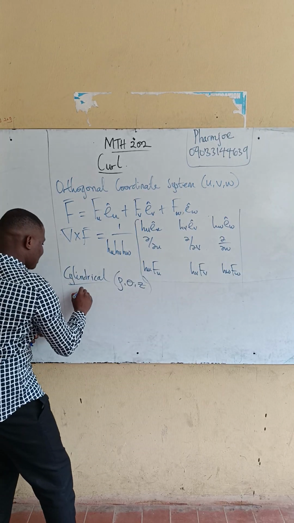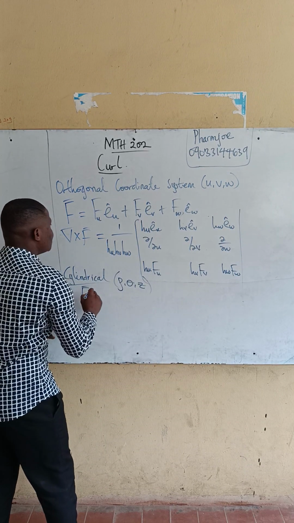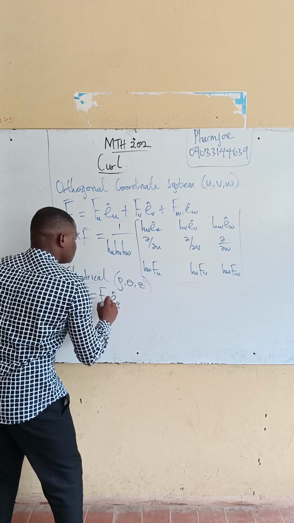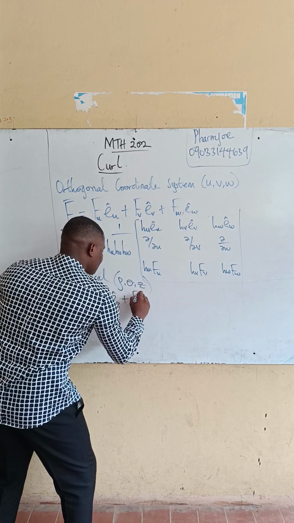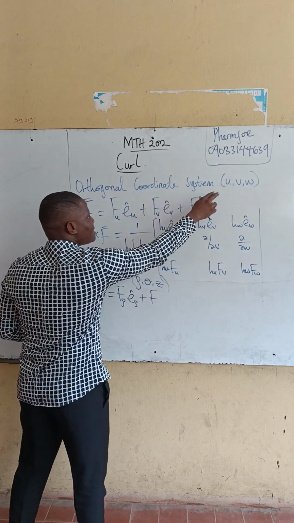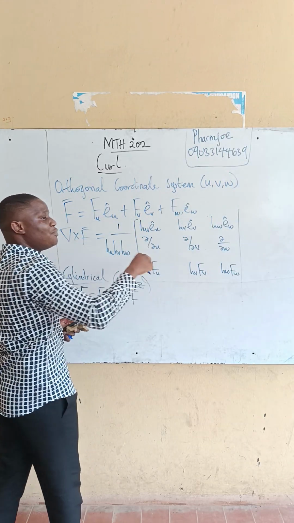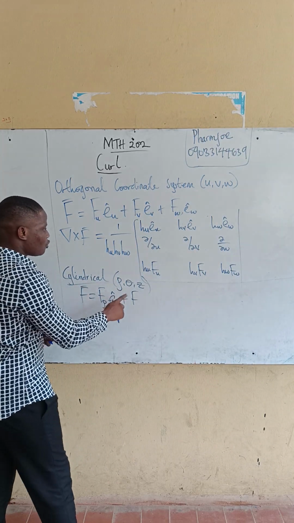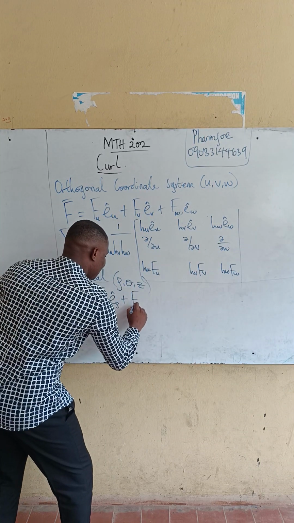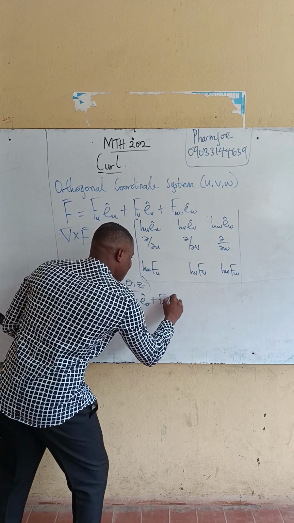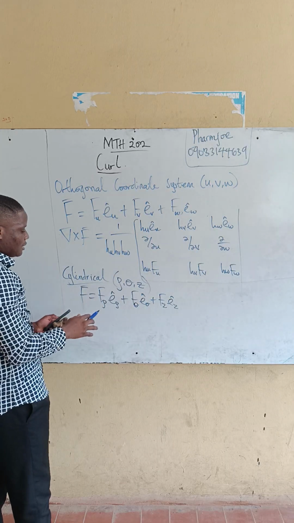Our f now becomes f rho, e rho, plus, I'm still following what you have here. This is general. UVW is for general orthogonal coordinate system. Now, I'm picking a particular type, which is cylindrical. So for the other ones, I have f theta, e theta, and I have fz, ez. Are you following? fz, ez.